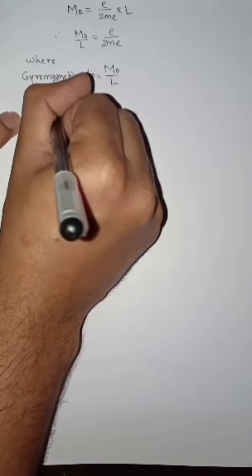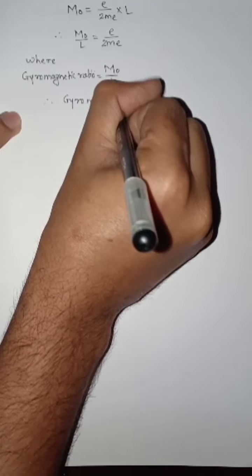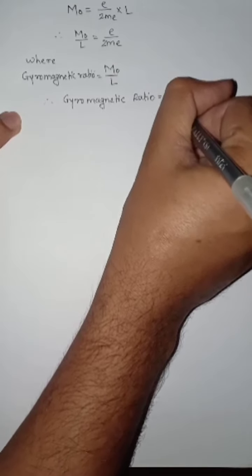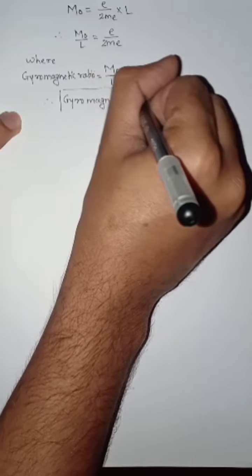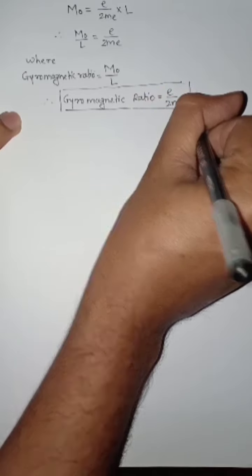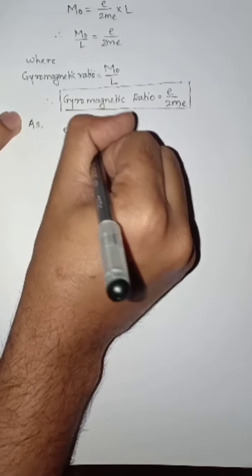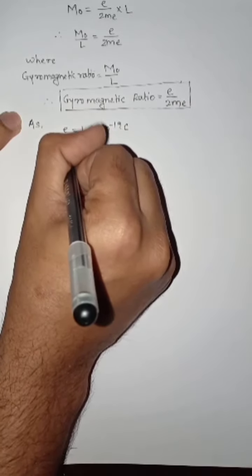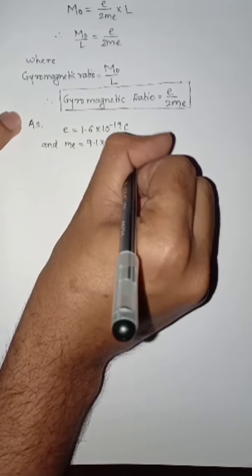Therefore the gyromagnetic ratio is equal to e upon 2 m e. e and m e are constants, as e is equal to 1.6 into 10 raised to minus 19 coulomb and m e is equal to 9.1 into 10 raised to minus 31 kg.